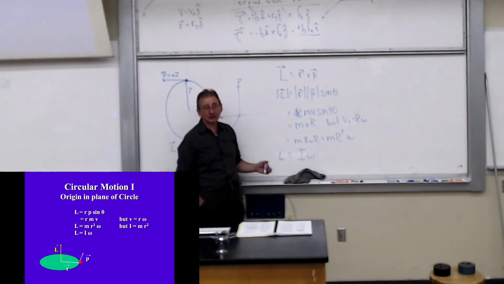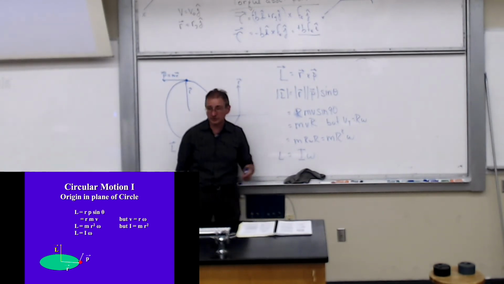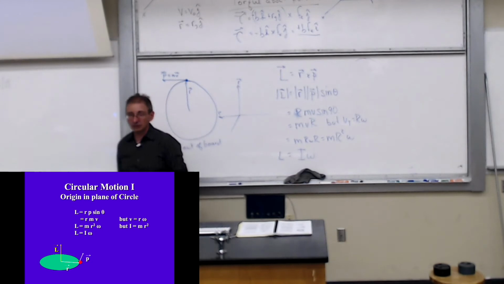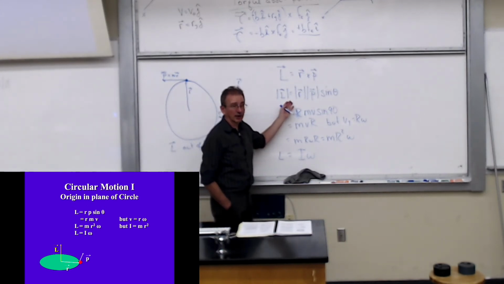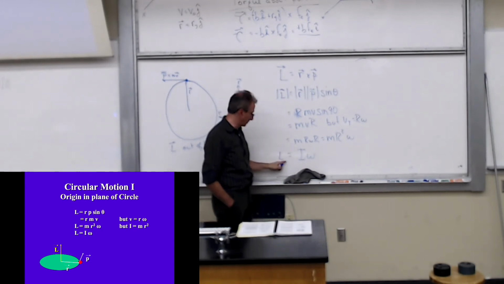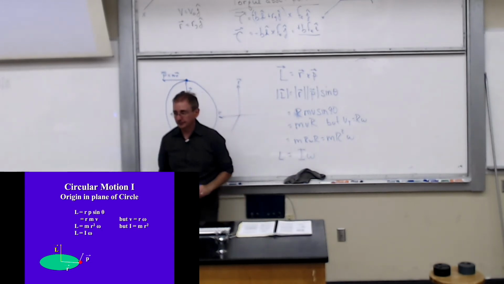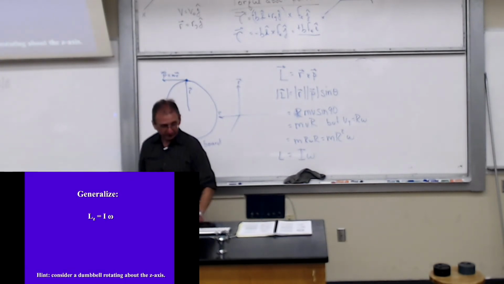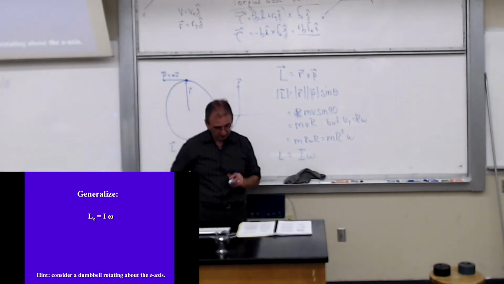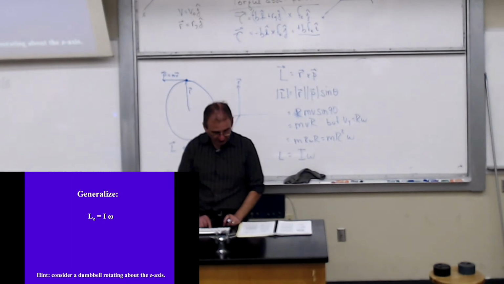It turns out that if it's not, I is actually a 3 by 3 matrix. Don't worry, we're not going to do problems like that. But you can always use this to calculate the angular momentum. This is always valid. This is only valid when these are parallel to each other. So L sub z is I omega.